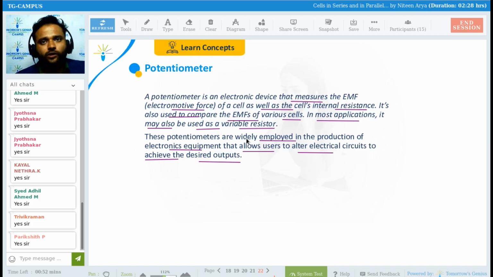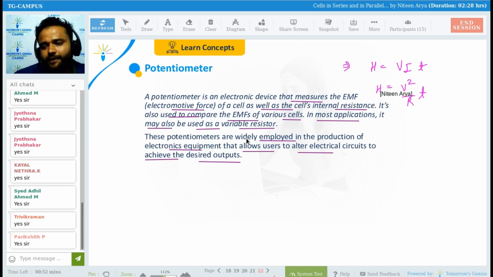I can alter the voltage according to my wish with the help of this potentiometer. And the moment I can change my voltage, using the electrical energy or heat energy relation, which is VIT, or you can say V square by R times T, right?